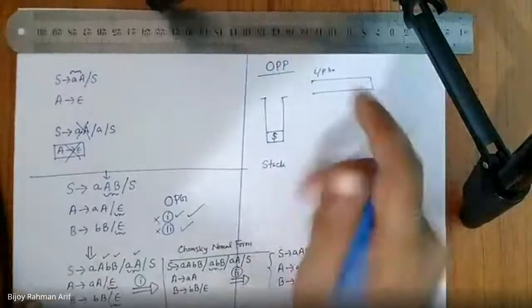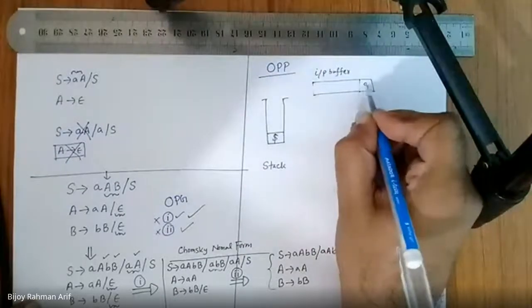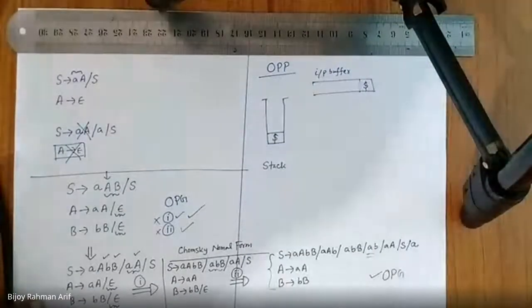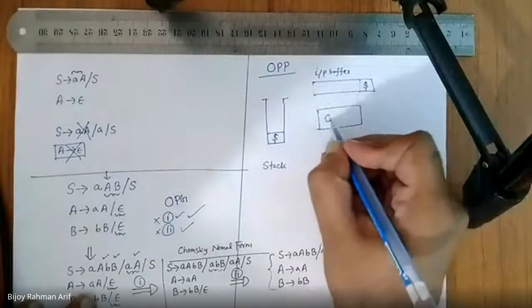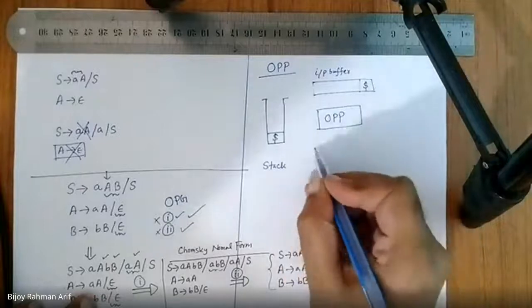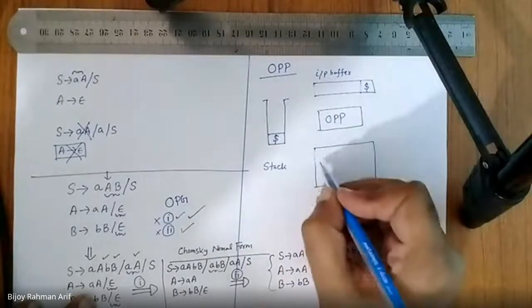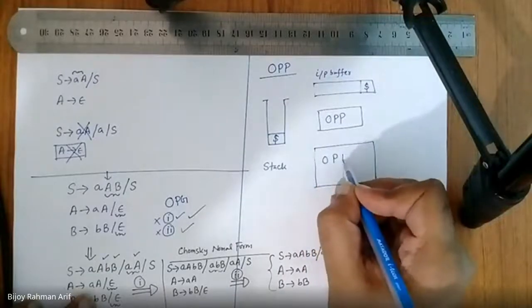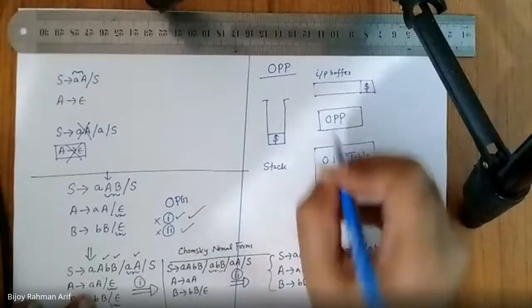We have the input buffer, and at the end of the buffer we also consider a dollar, which denotes the end of the buffer. We also have the algorithm, which is nothing but OPP, and we also have a table called the operator precedence table. Do you know how they are implemented?